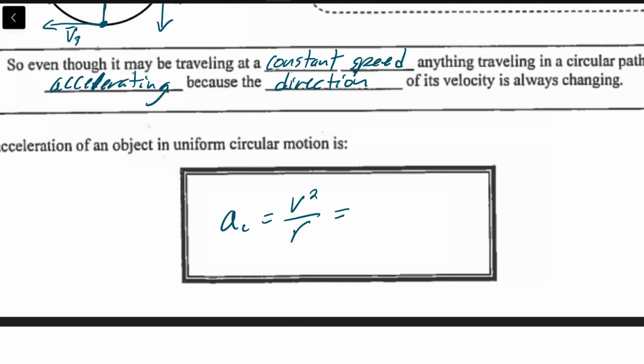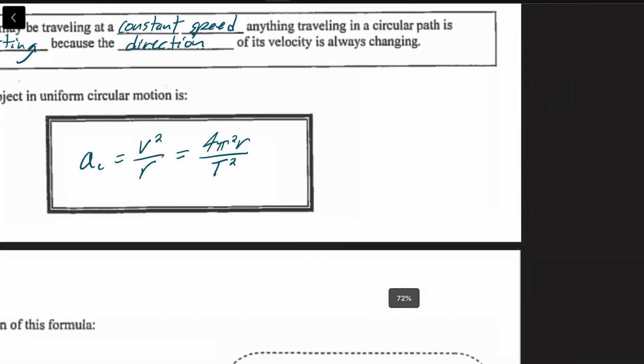And the second equation is 4 pi squared r over period squared. Now, the equation you use just depends on the variables you're given in the question. If you're given radius and period, then you want to use the second equation. If you're given velocity and radius, you want to use the first equation. And one is just derived from the other.